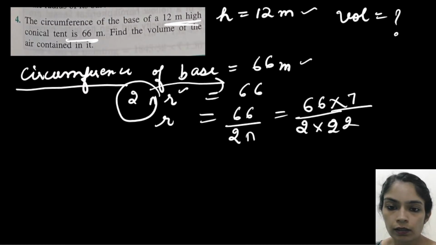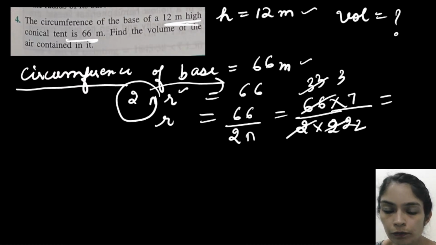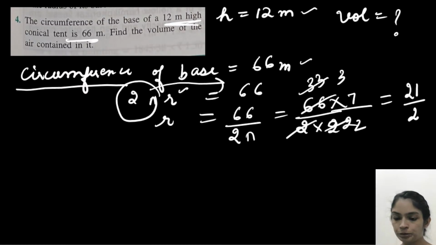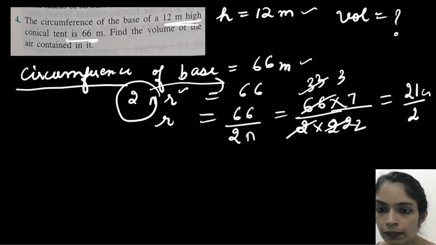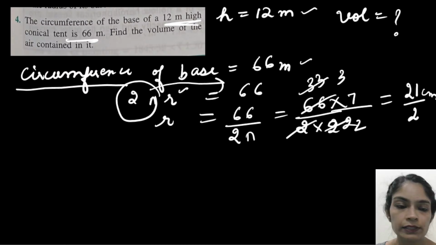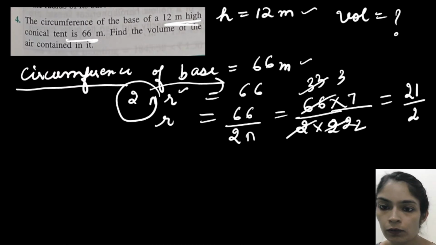So we can cancel, 2 into 33 is 66. Then 11 into 3, 11 into 2. So we got our radius equal to 21 by 2. Is it correct? I hope you are solving the questions along with me. And in case in the flow I am doing any calculation wrong, you just let me know.